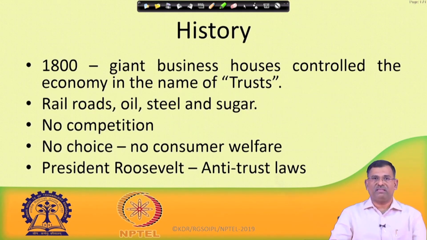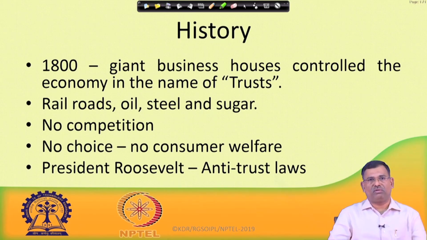When we look into the history, during the 1800s there were huge business firms, especially in the United States, known by the name of trusts, which controlled the whole economy at that point of time.